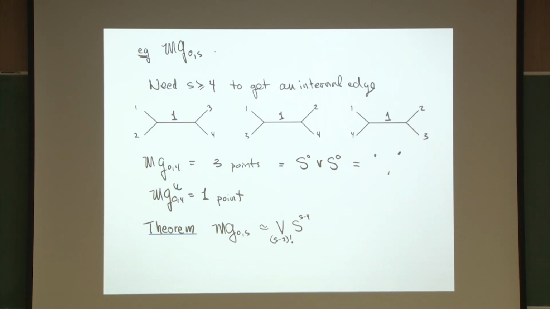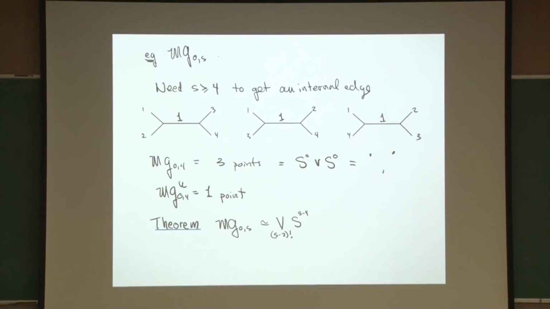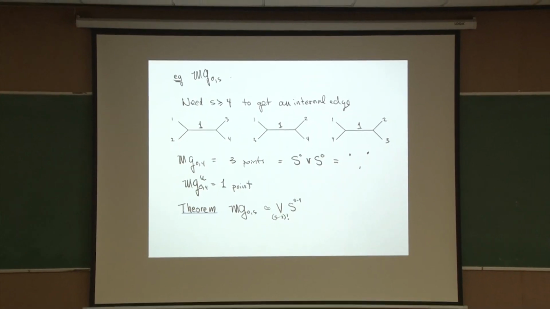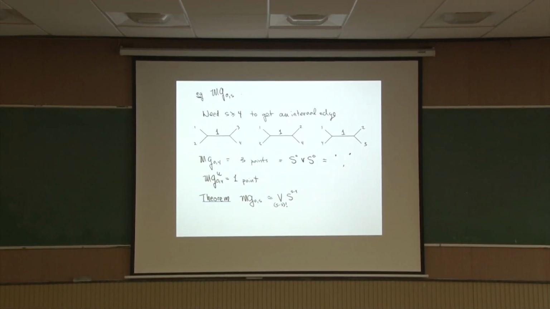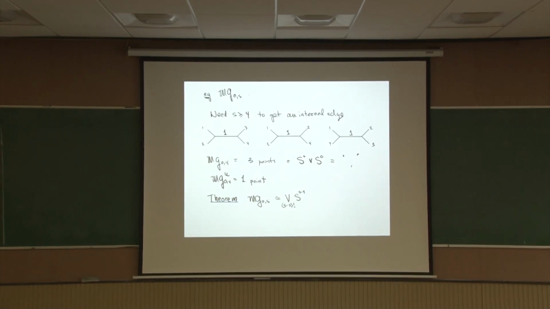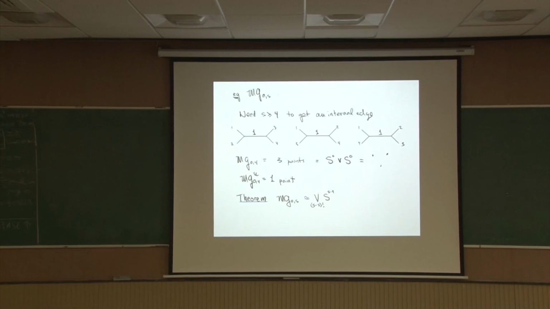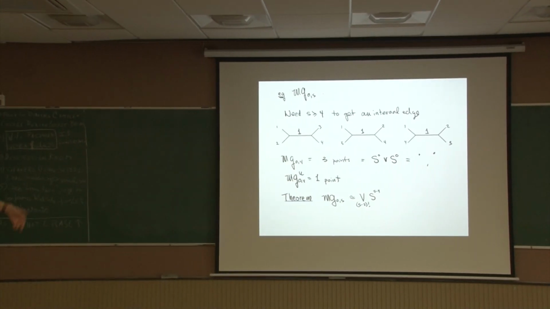And in general, we know everything we could possibly want to know about this space. It's always homotopy equivalent to a wedge of spheres. In fact, we know the spheres are S minus 4 dimensional, and there's always S minus 2 factorial of them. The symmetric group on S minus 2 letters acts on this set of spheres, and it gives you a regular representation.